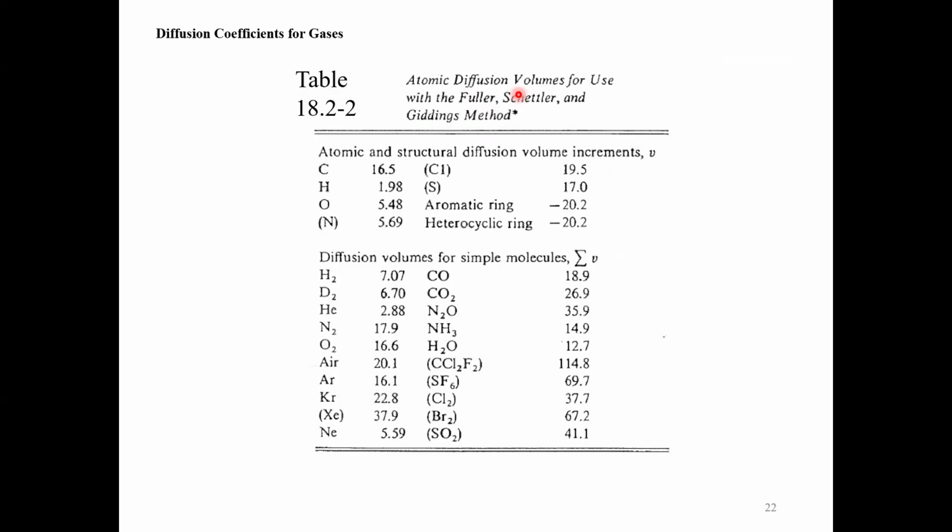This applies only for a binary gas mixture. In the previous slide for the Fuller form you had atomic diffusion volumes. There are tables from which you can pull out these atomic diffusion volumes, and you can try to solve some problems on your own. Take a look at the book.